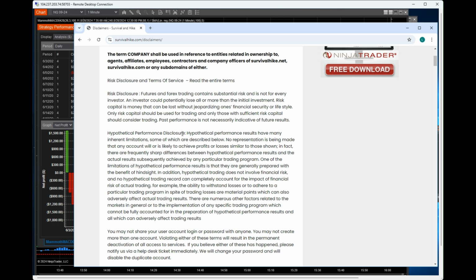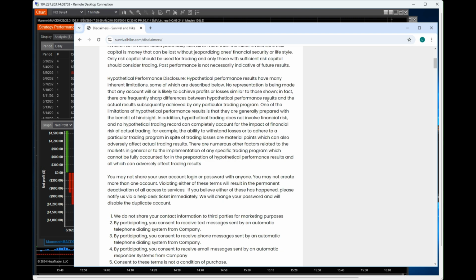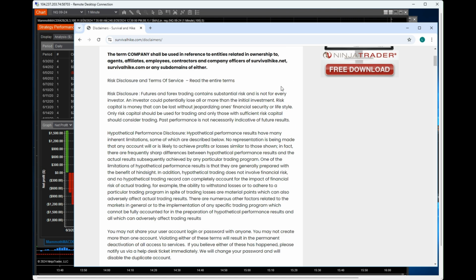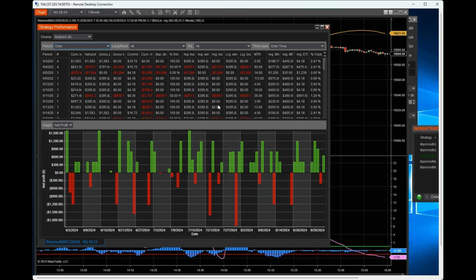Hypothetical performance disclosure: this is on my website, and you can refer to it to understand the risk involved in futures trading. Any past performance doesn't mean it's going to perform the same in the future, but at least we have something to analyze. Anyway, let's go back to the strategy.